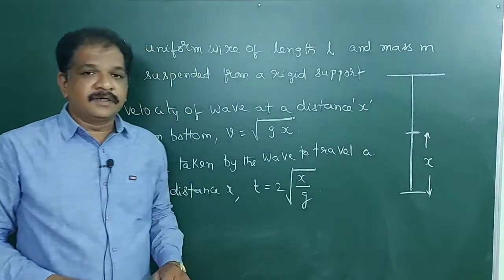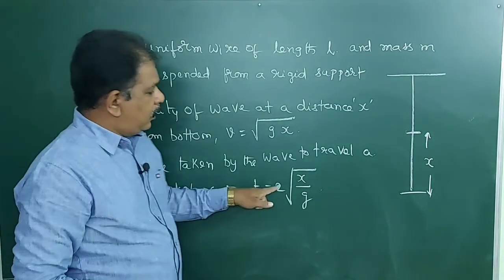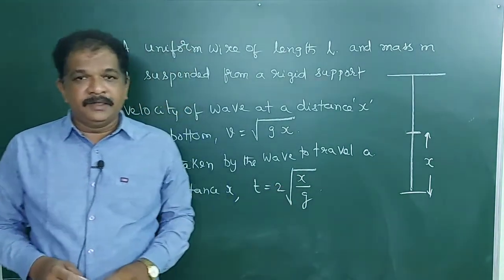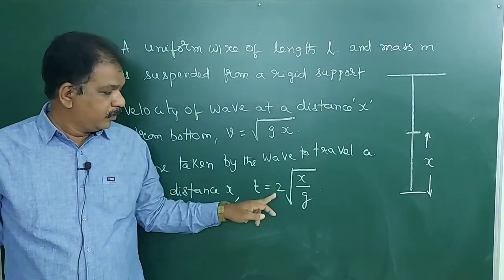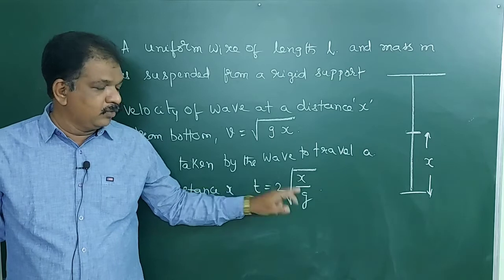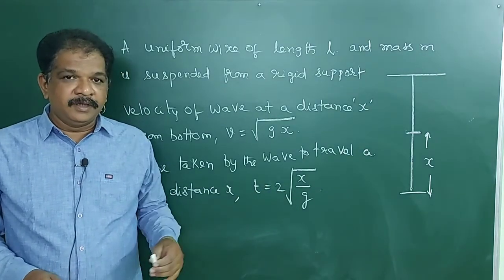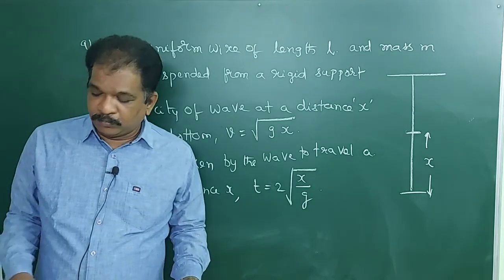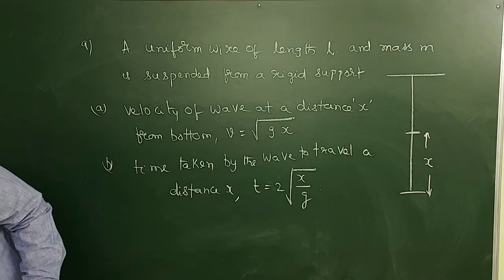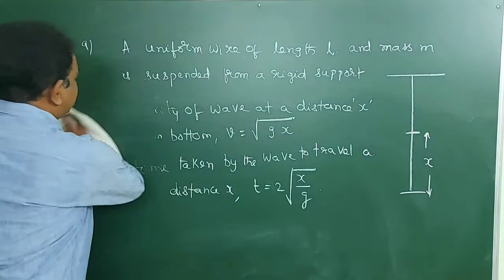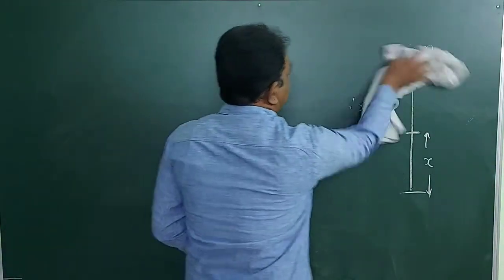To reach the top, you will get 2 into root of L by g. To reach a distance x from the bottom, the time is 2 into root of x by g. These types of problems will be there on the string, different models. And next, after finishing this, problems on the fundamental frequency of a stretched string will be there. What are those? See.